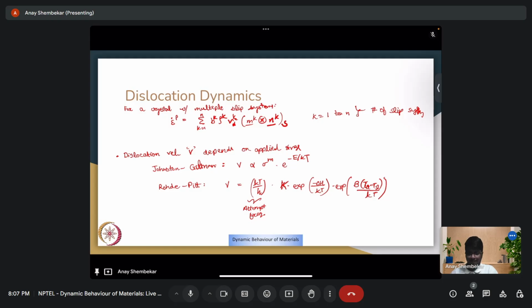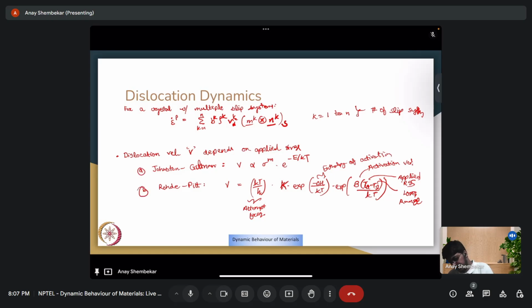B stands for activation volume. Tau a refers to the applied resolved shear stress. Tau L refers to the long range internal stress.